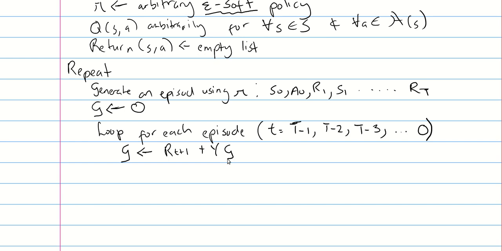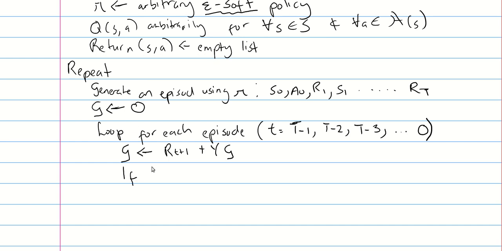For each step, we're just updating it by the same equation that we've been using throughout: the reward you get plus gamma times the G that you already had in the previous step. So this is how we update this value.